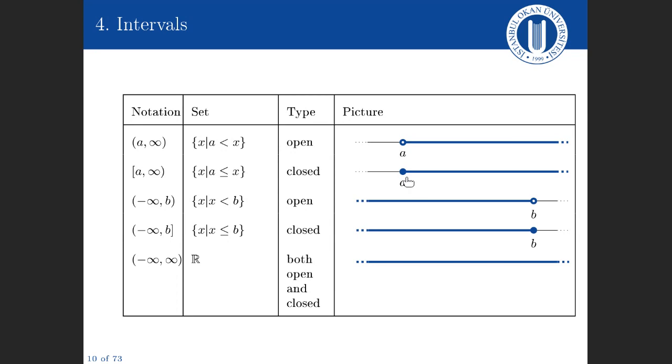Now a is in this set, so this is a closed interval. We could have an infinite interval which goes to -infinity in the same way. Or we could look at the whole real line. That's the interval between -infinity and infinity. The whole real line we say is both open and closed.